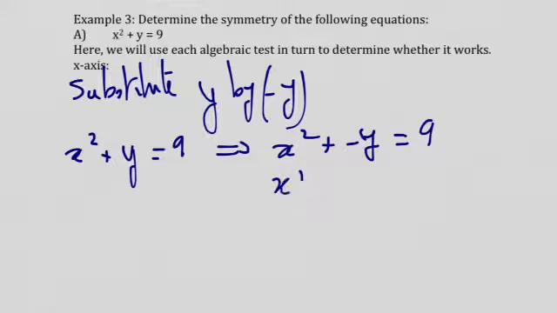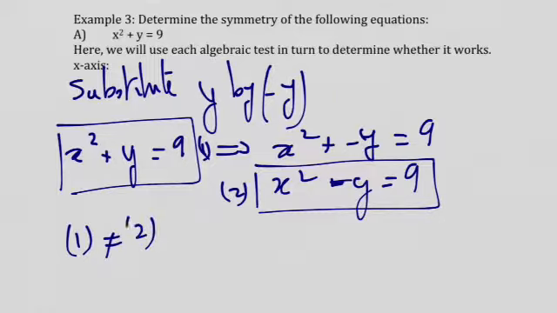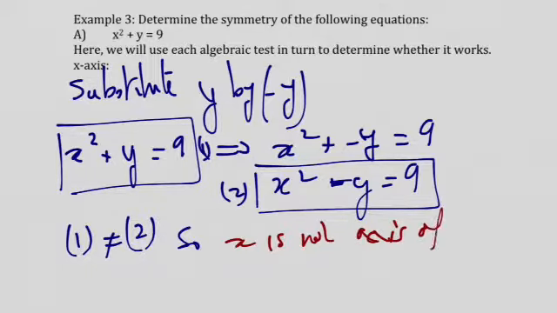That gives me x squared minus y equals 9, and I can see that these two equations, equation number 1 and equation number 2, are different, so x is not the axis of symmetry.